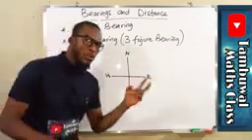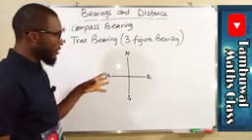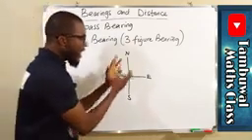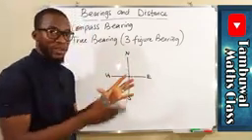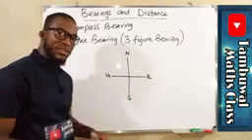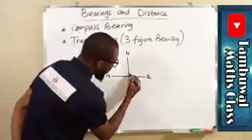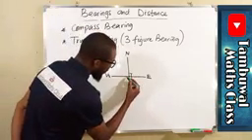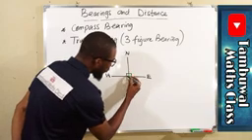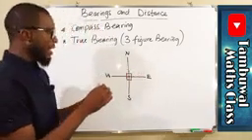So there are two important things I want you to understand here. In between every two major cardinal points is 90 degrees. So this is 90 degrees, this is 90 degrees, this is 90 degrees, this is also 90 degrees.